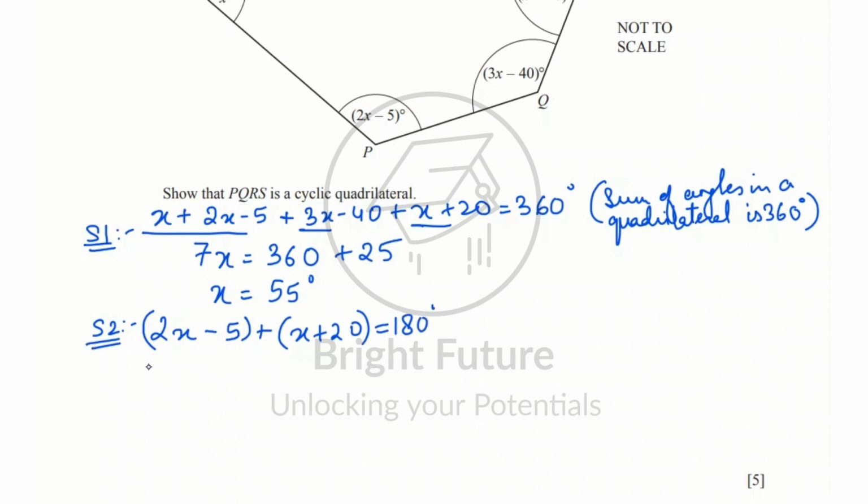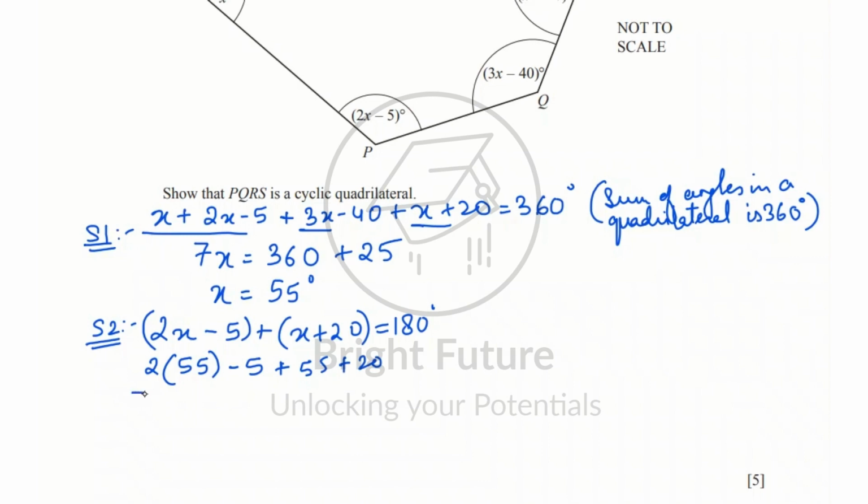So let's see whether the left hand side is equal to the right hand side. x is 55. So 2 into 55 minus 5, plus 55, plus 20.